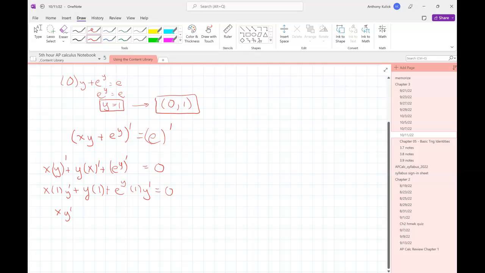So just simplifying down, I have this piece. And then we'll just differentiate again.